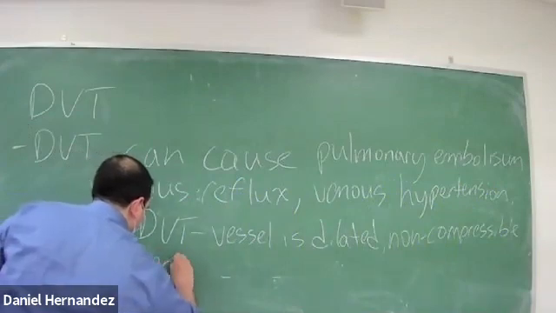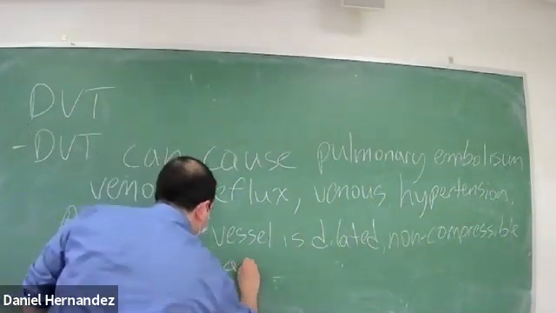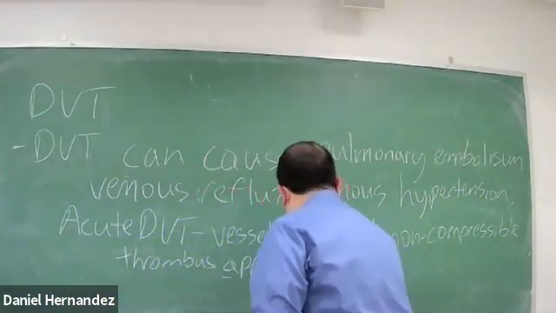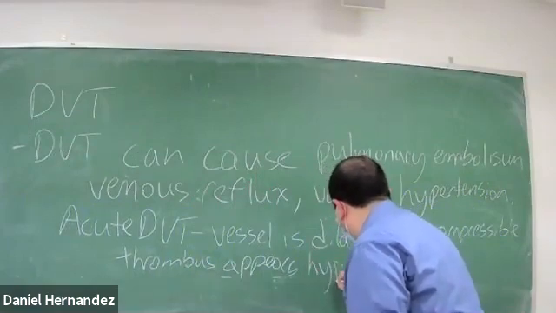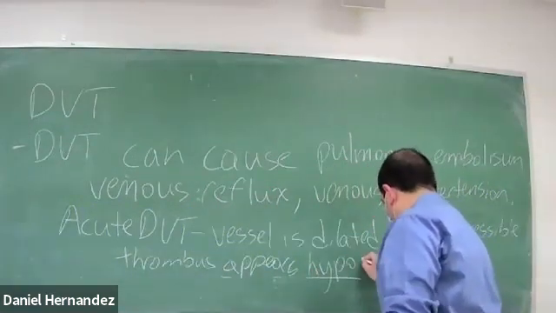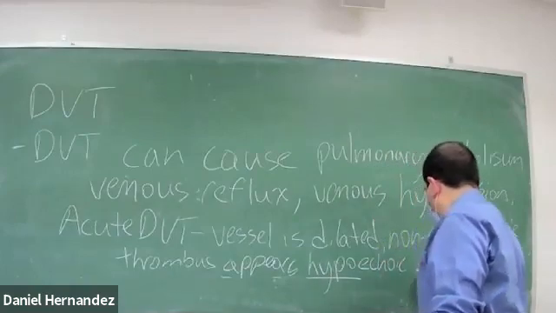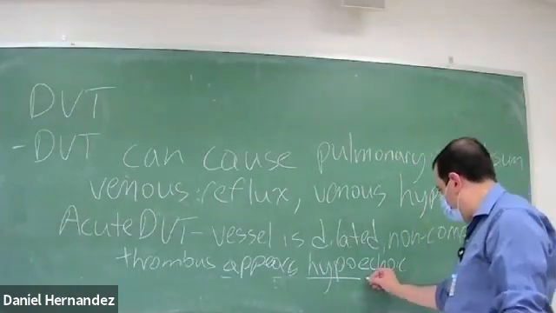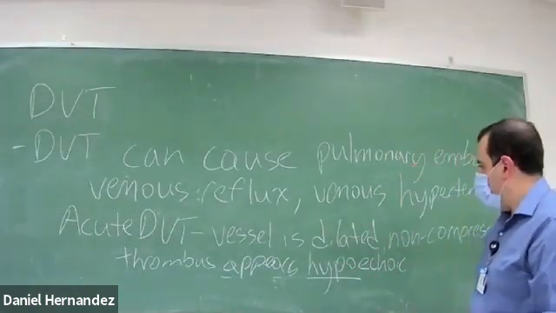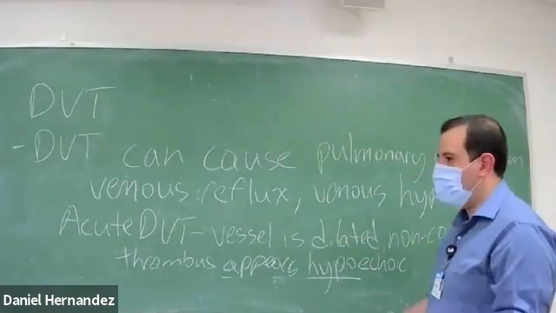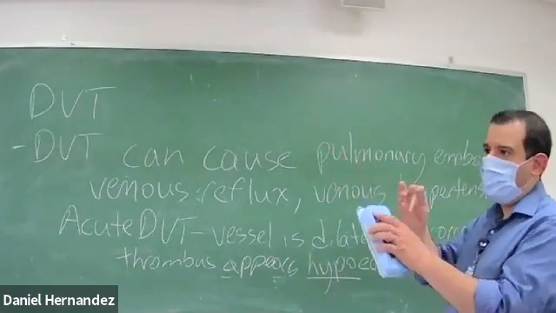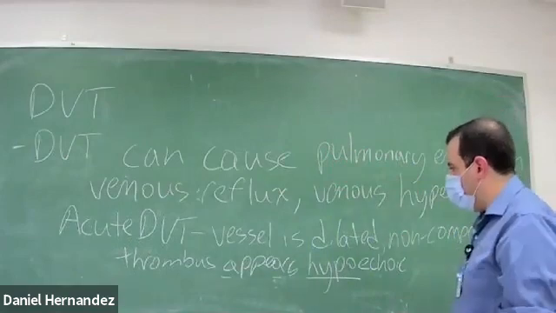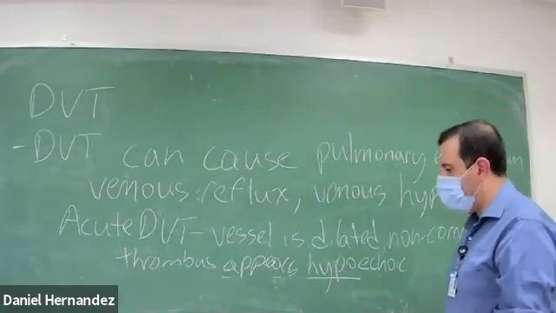Thrombus appears hypoechoic. Sometimes it can even look almost anechoic if it's real fresh. So the vessels become dilated as a result of the thrombus. They're all clotted up, they become large, they become dilated. They're non-compressible. Thrombus appears hypoechoic.